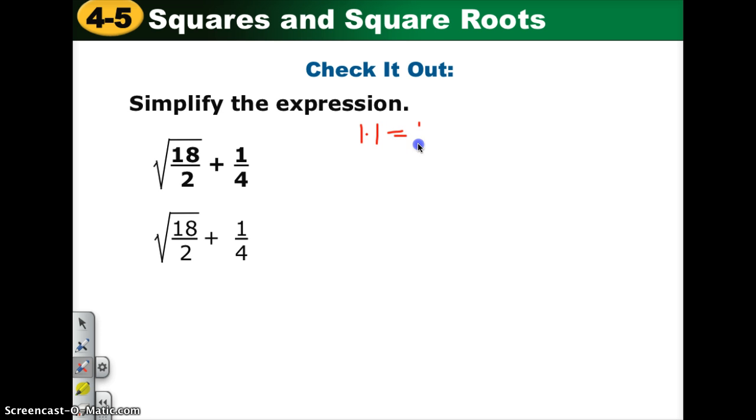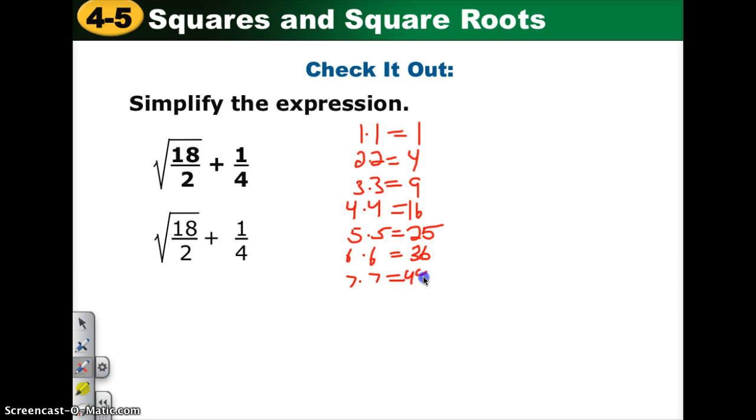It's pretty quick. 1 times 1 is 1. 2 times 2 is 4. 3 times 3 is 9. 4 times 4 is 16. 5 times 5, 25. 6 times 6, 36. 7 times 7, 49. 8 times 8 is 64. 9 times 9 is 81. 10 times 10 is 100. 11 times 11 is 121. And 12 times 12 is 144.